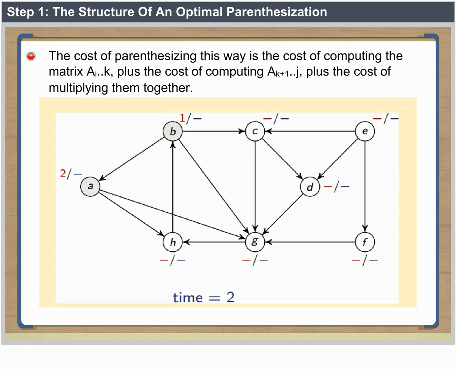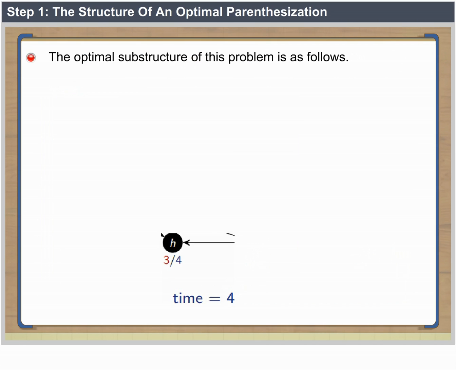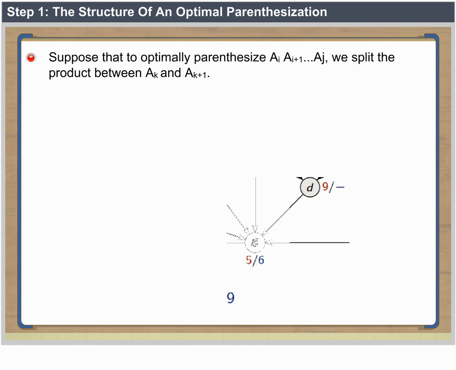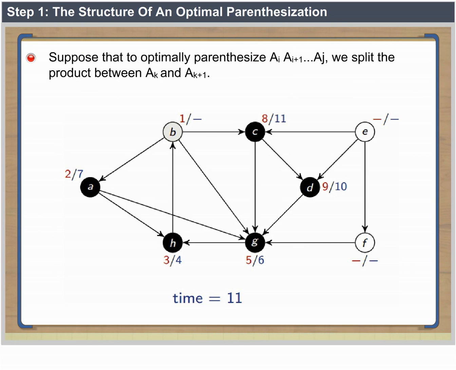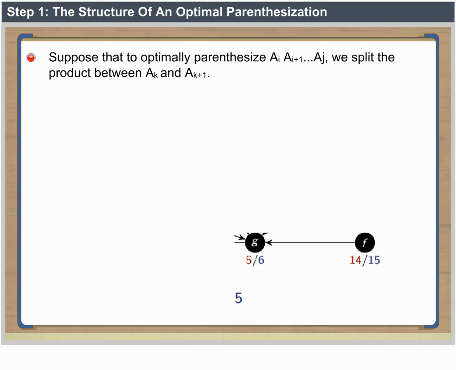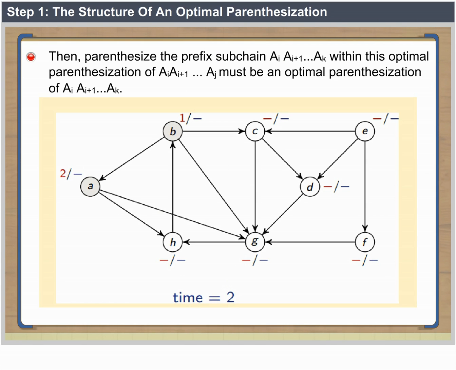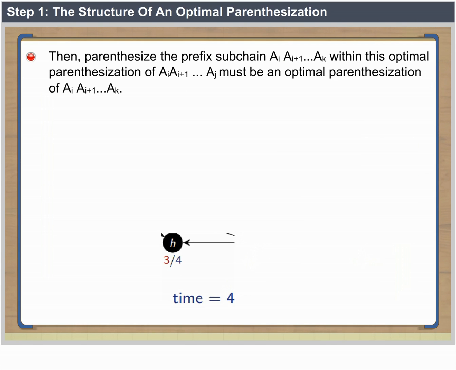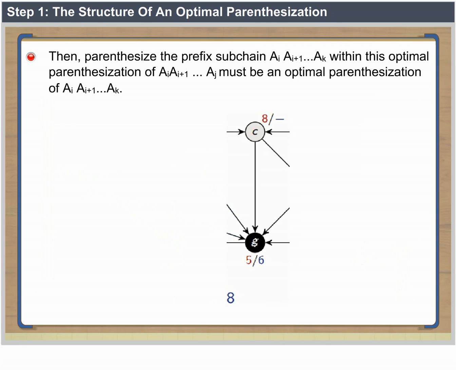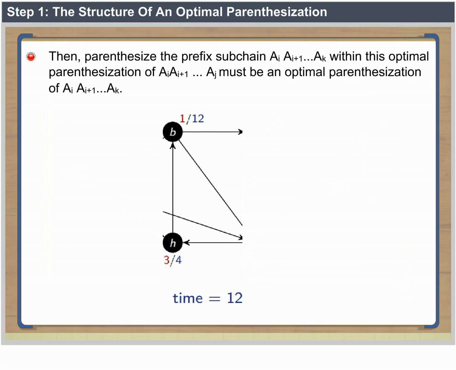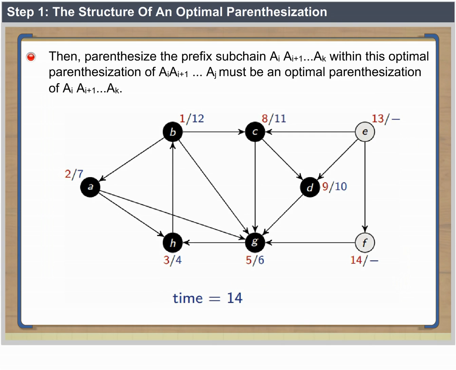The optimal substructure of this problem is as follows. Suppose that to optimally parenthesize A_i..A_j, we split the product between A_k and A_{k+1}. Then we parenthesize the prefix subchain A_i up to A_k. Within this optimal parenthesization of A_i..A_j must be an optimal parenthesization of A_i up to A_k.